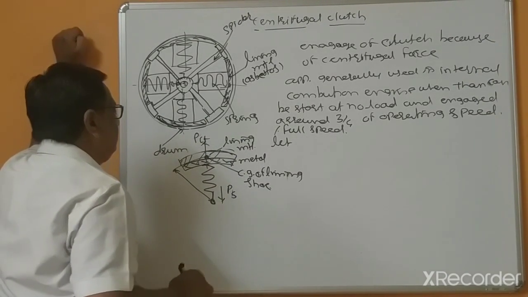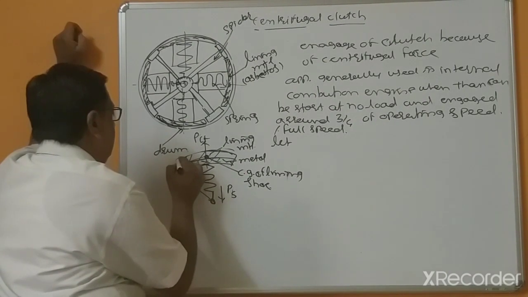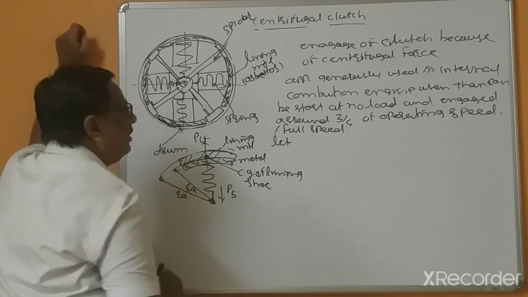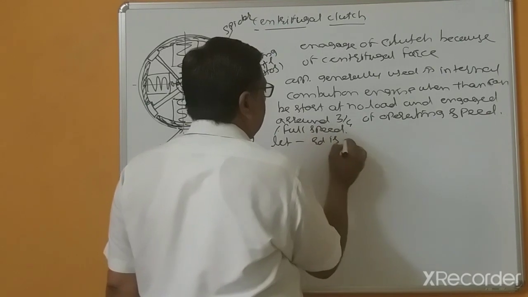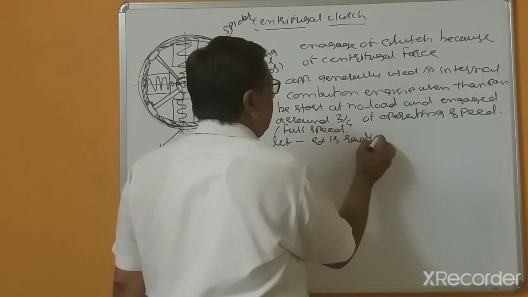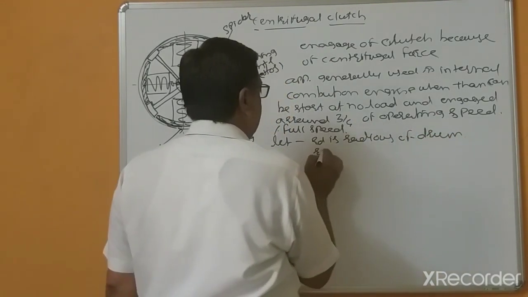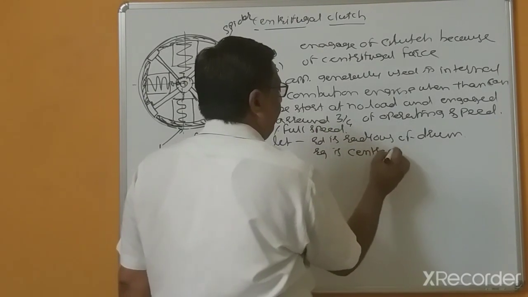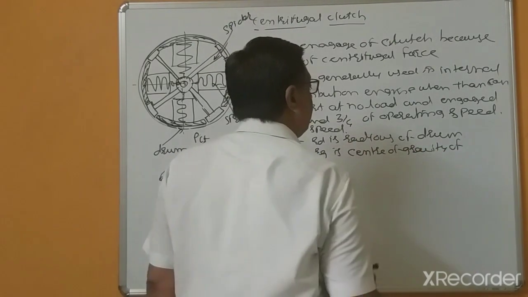This is RG and this is RD. Let RD be the radius of the drum, and RG the radius of the center of gravity of the brake shoe, the lining shoe.